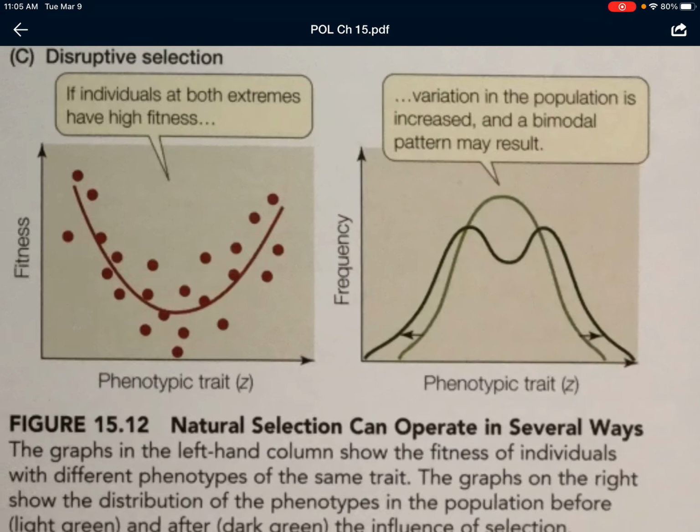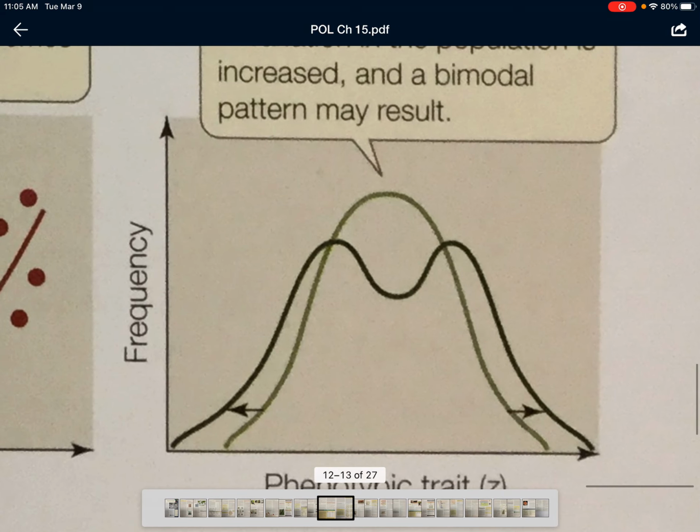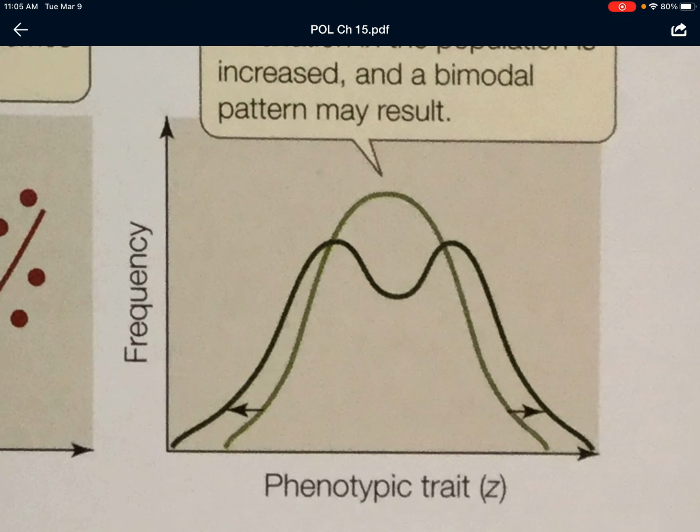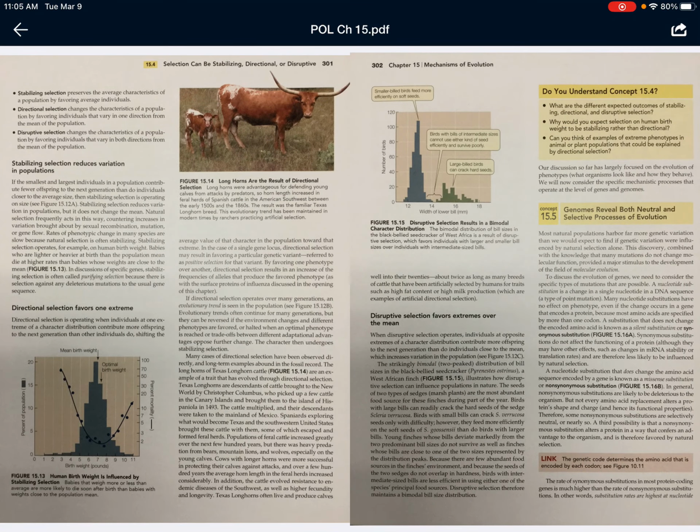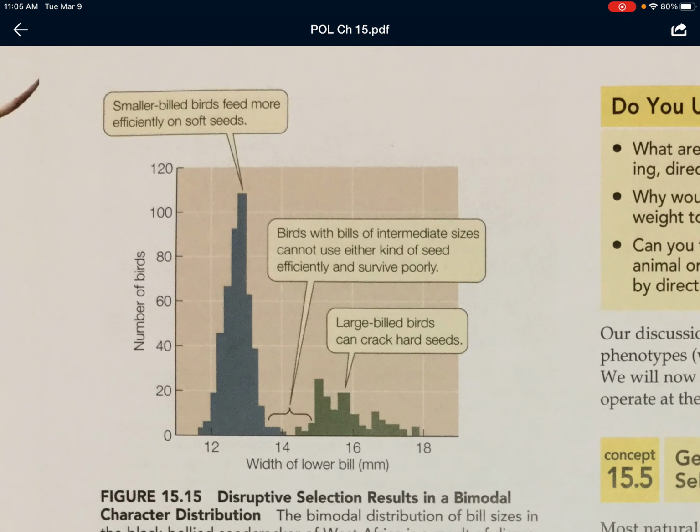And the third was, what if there's disruptive selection, which is a weird one to think about. That's where the extremes do well and the average doesn't. That sounds weird, so why would that happen? There's an example in the book of a species of birds where individuals with either very small bills or very large bills tended to survive because of the available food sources.